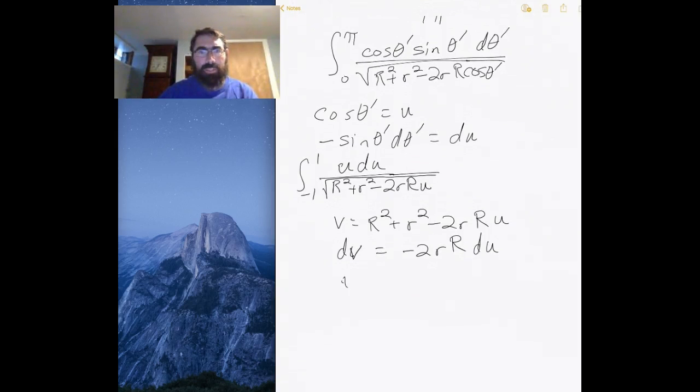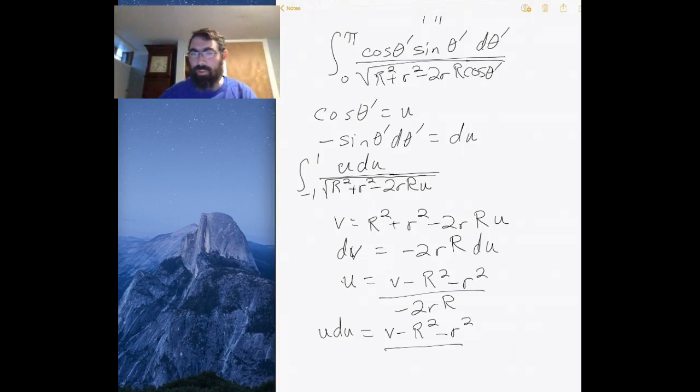That means that u is v minus R squared minus lowercase r squared over minus 2r capital R, and u du is v minus R squared minus r squared over 4 lowercase r squared capital R squared dv.